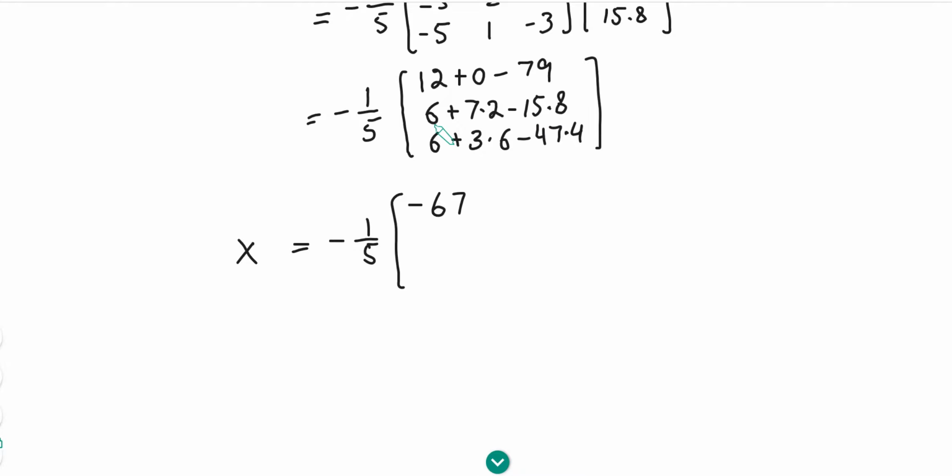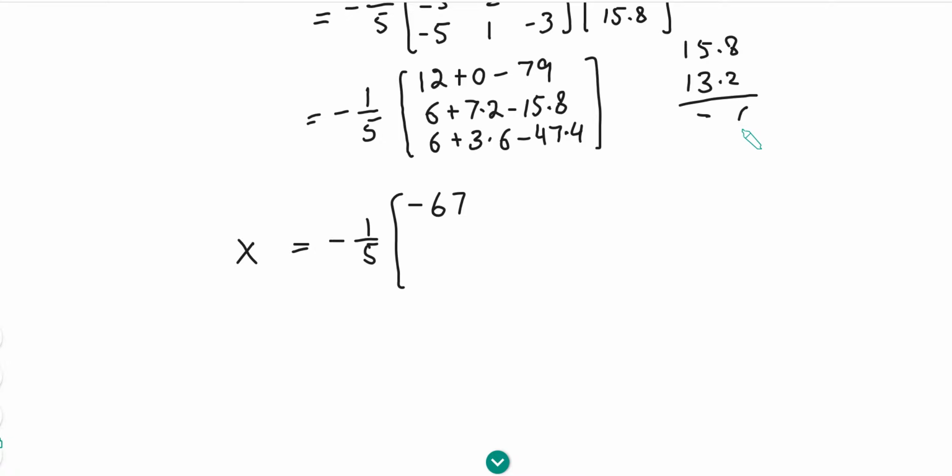Now here 13.2 and negative 15.8. So the answer is 13.2 minus 15.8.